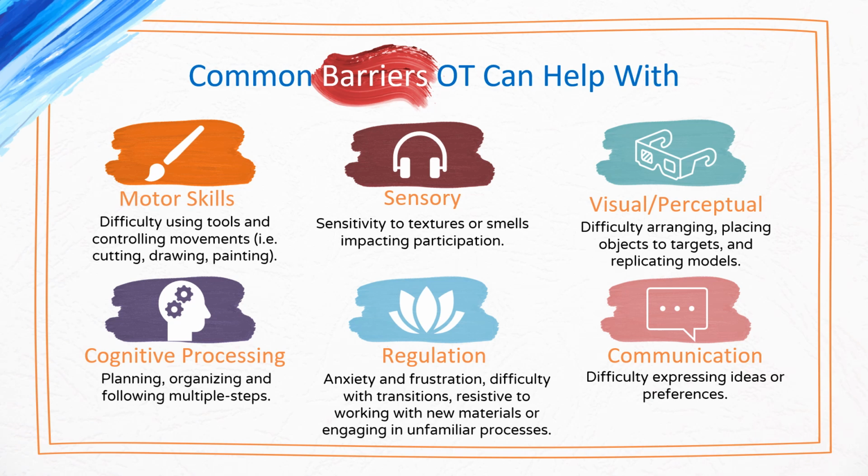Some cognitive processing, such as planning, organizing, following multiple steps. A lot of our kids struggle with regulation, so that's anxiety and frustration, difficulty with transitions, resistance to working with new materials or engaging in unfamiliar processes, and communication, so difficulty just expressing their ideas and their preferences.